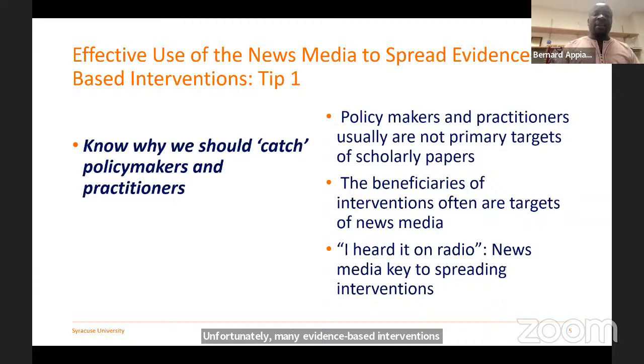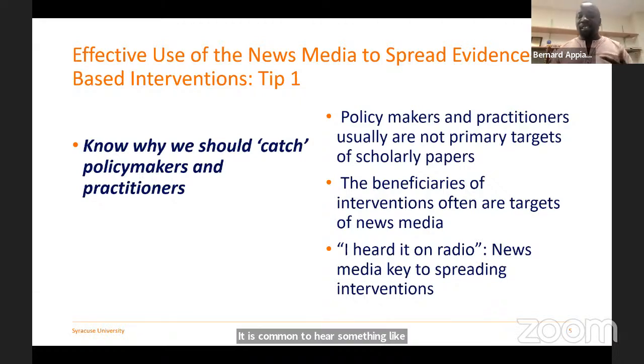Now, the beneficiaries of interventions often are the target of news media. The people who benefit more from interventions may consume media, obviously, far more than those that may focus on scholarly papers. It is common to hear something like, I heard it on radio.